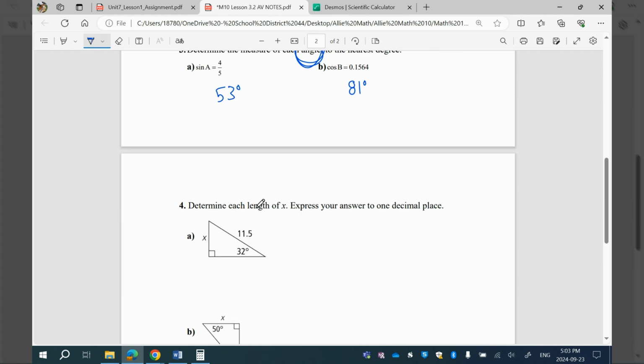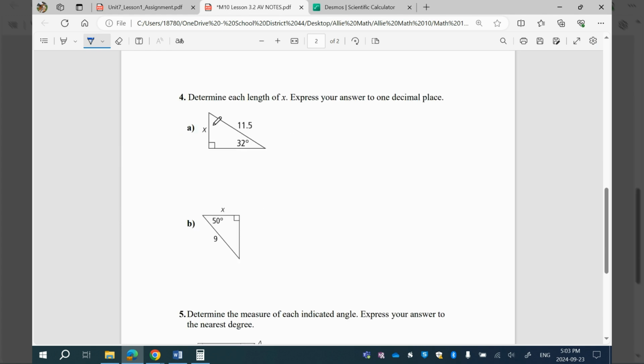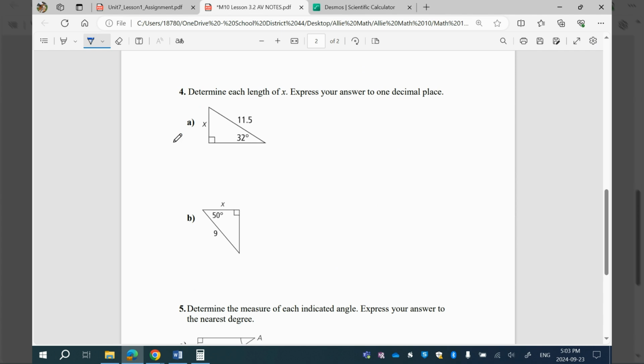And now let's solve some problems. Based on the information that we're looking for, whether that's the opposite side or the adjacent side, we're going to use sine or cosine. This section 3.2 is only about sine and cosine, but later you'll have to choose between the three based on what we have and what we need. Currently it looks like we have the hypotenuse, we have an angle, and the opposite side is what we're after.